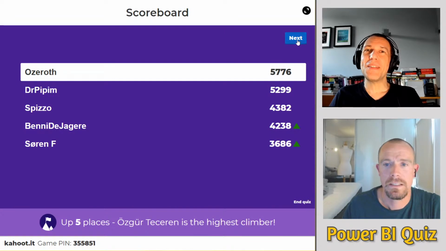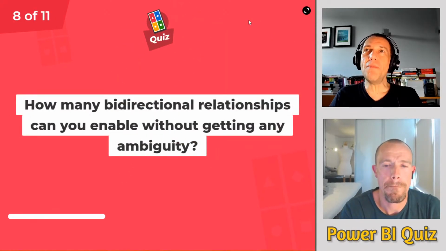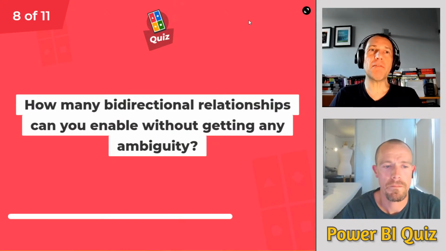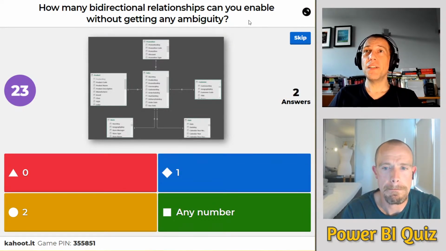Yeah. So, next question. How many bidirectional relationships can you enable without getting any ambiguity in this model? Pick your answer. 0, 1, 2, or any number. It doesn't matter.